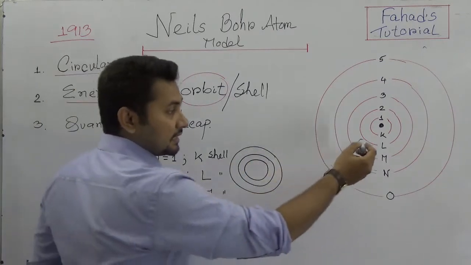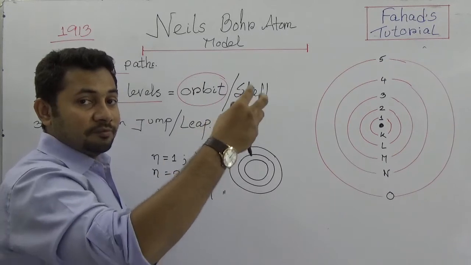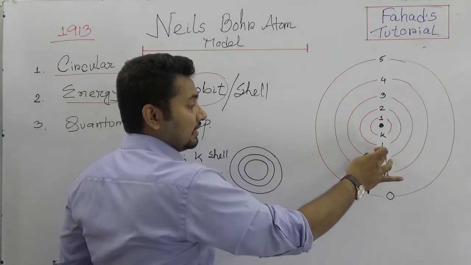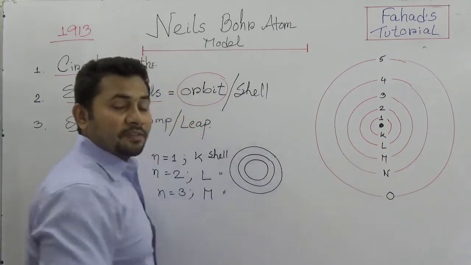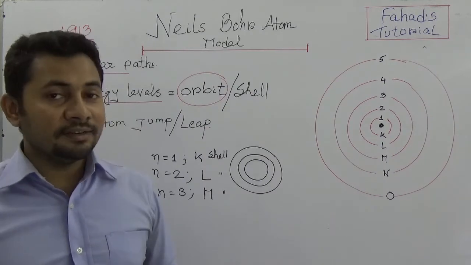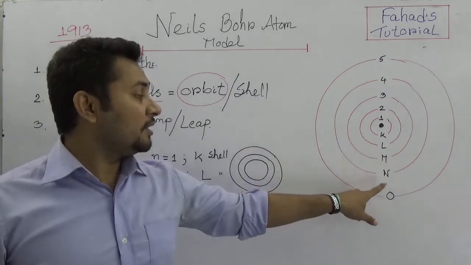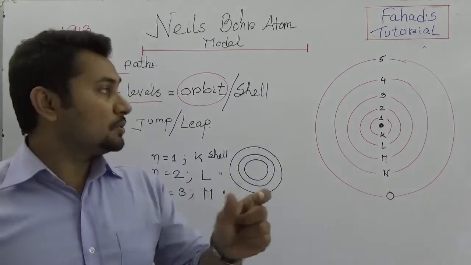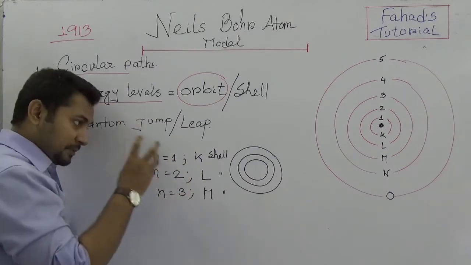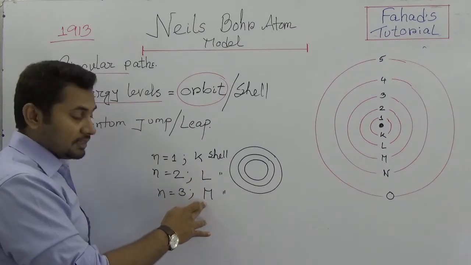So we can see that gradually as the numbers go 1, 2, 3, 4, 5, 6, they are expressed as K, L, M, N, O, P. So the shells, energy levels or orbits are expressed as K, L, M, N, O according to the number, starting at number 1: the first shell is K, then L, then M, and then N.